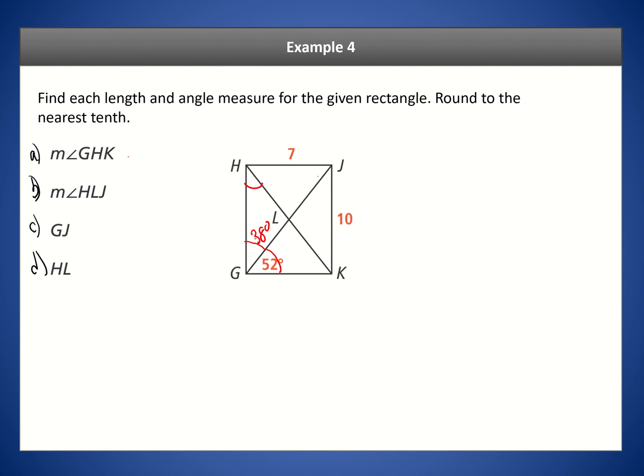So if this is 38, well, this has to be 38. I know the bottom one has to be 38 because of alternate interior angles. Remember that in this case, these are parallel. This is my transversal. Alternate interior angles are congruent. And so that's 38, and this is actually 52. So just be careful with that labeling.